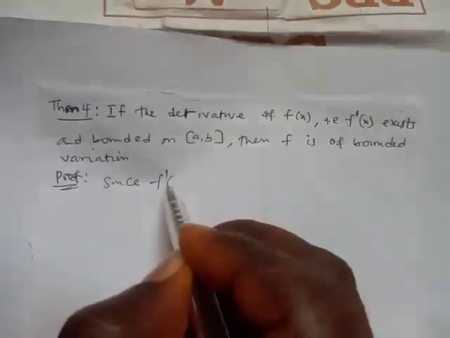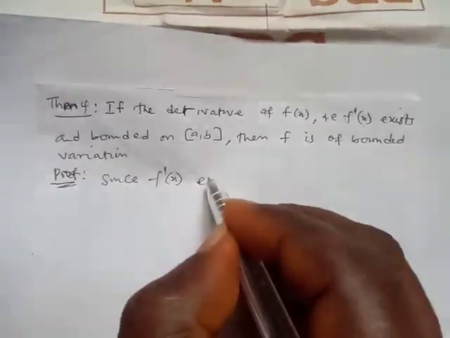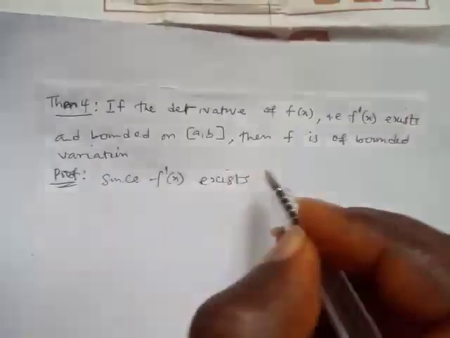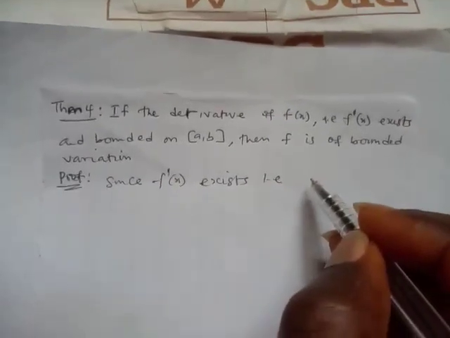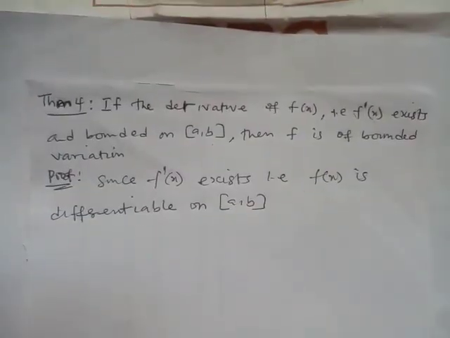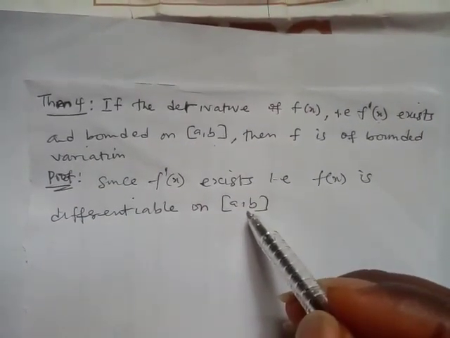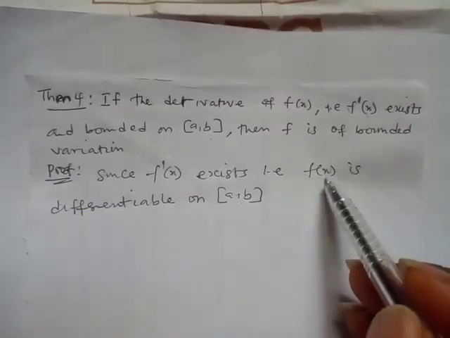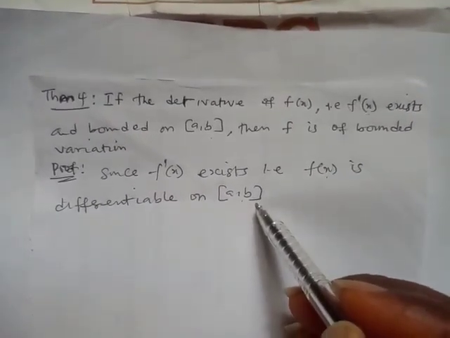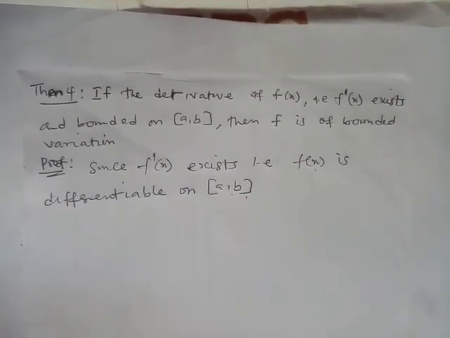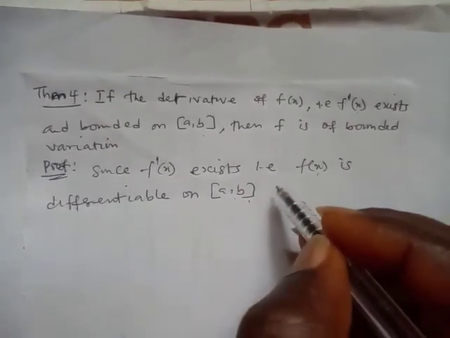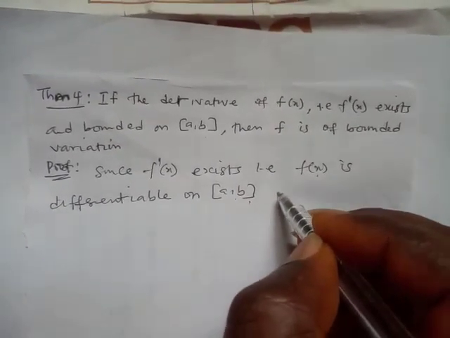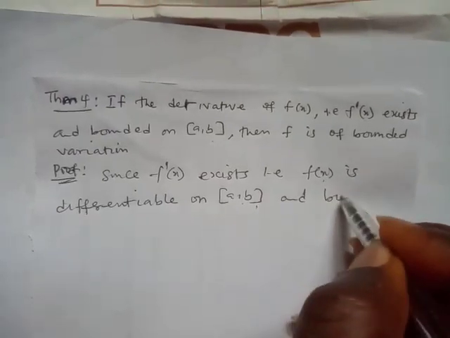Since f prime of x exists, that is f of x is differentiable on (a, b). If they say that f prime exists, it simply means f of x is differentiable on this interval, and also bounded.